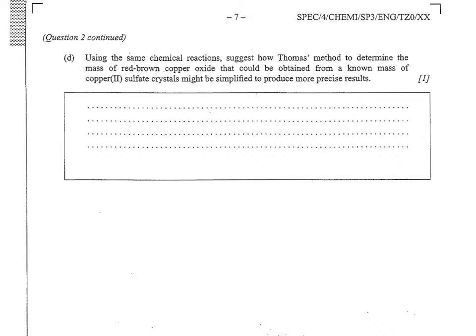Instead of using a standardized solution, he could have just taken a known mass of copper sulfate and reacted it with the alkaline glucose. He doesn't have to put it in a standardized solution. So use a known mass instead of making a standardized solution.